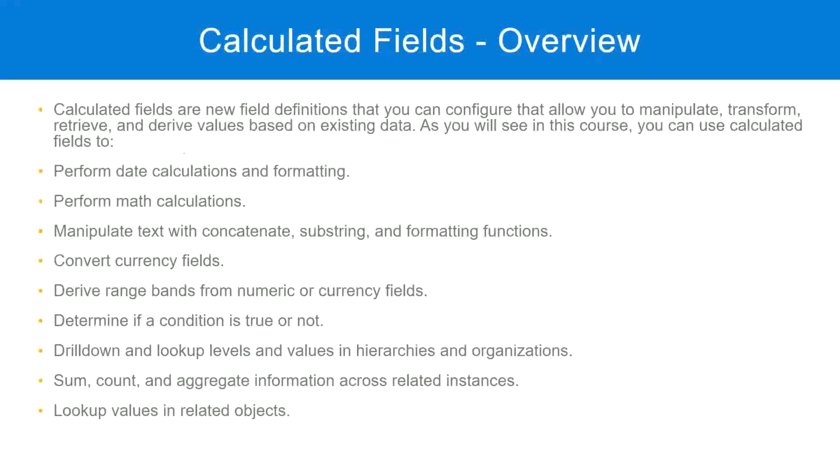Based on that, we can derive, transform and, of course, manipulate that existing data and come up with new information. And why will we need this new information? Maybe for reporting purposes, maybe to do some interim calculations, and so on. So we might need additional information, and for that we would need to know about calculated fields.